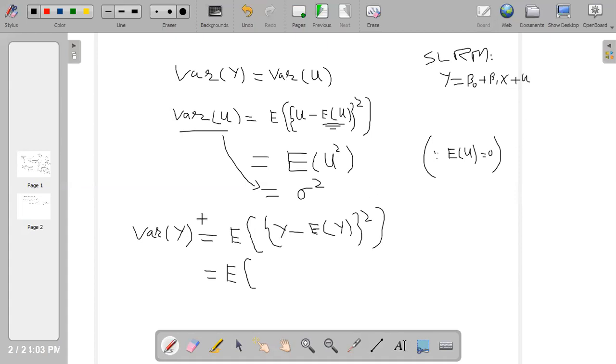If you are talking about a multiple regression model, then you can just add x1, x2 and so on. So this is the simple linear regression model which says that y is equal to this.